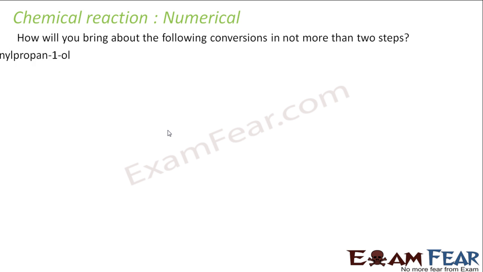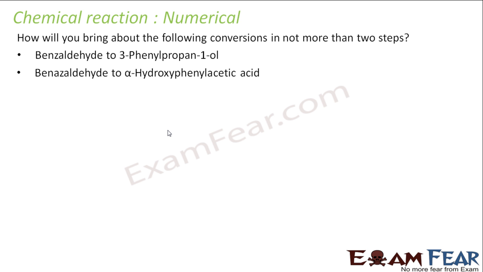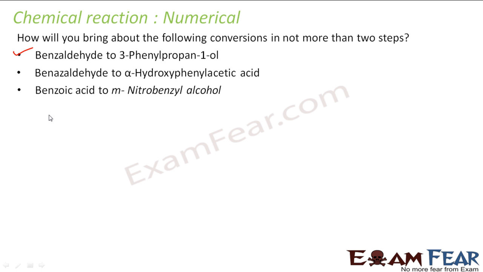The next, again, we have to do these conversions. The first is benzaldehyde to 3-phenyl propan-1-ol. This is my benzaldehyde. I have to convert this to 3-phenyl propan-1-ol. 1, 2, 3 is propane, 1-ol, and at 3 I have a phenyl group. This is what I have to create.